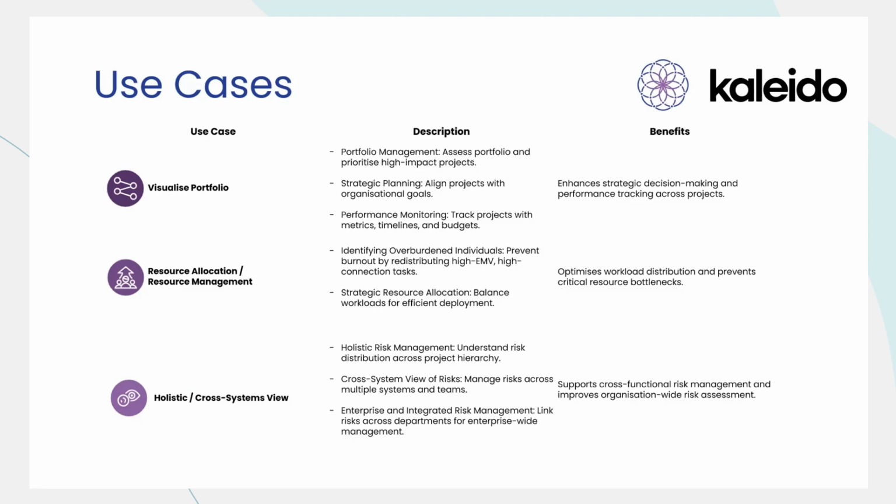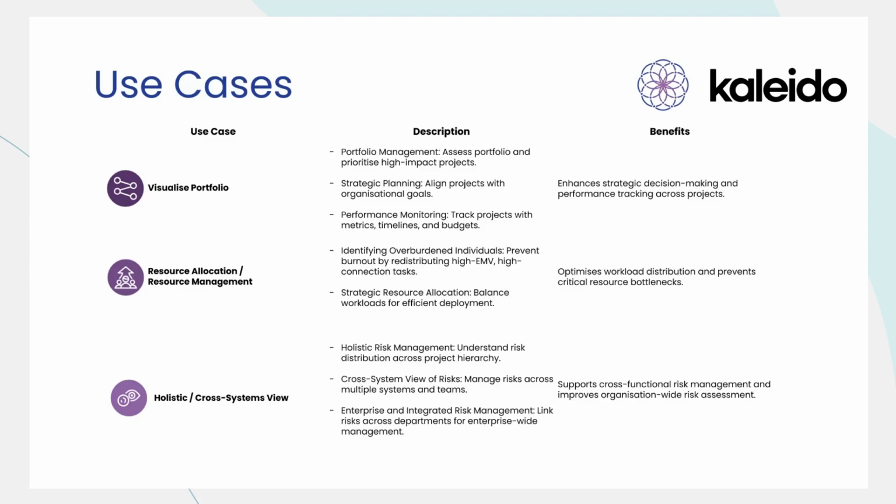So the first one is to visualize the hierarchy. The use case allows for better portfolio management, strategic planning, and performance monitoring by offering a structured view of projects from top to bottom. Second one is resource management, identifying overburdened individuals and optimizing resource allocation.